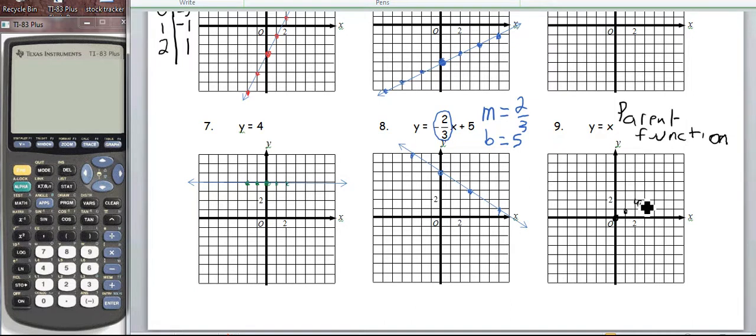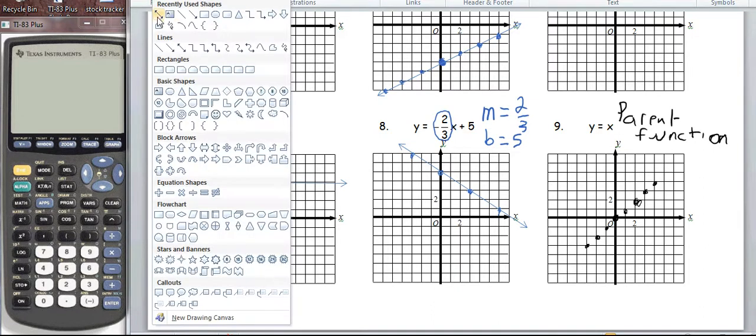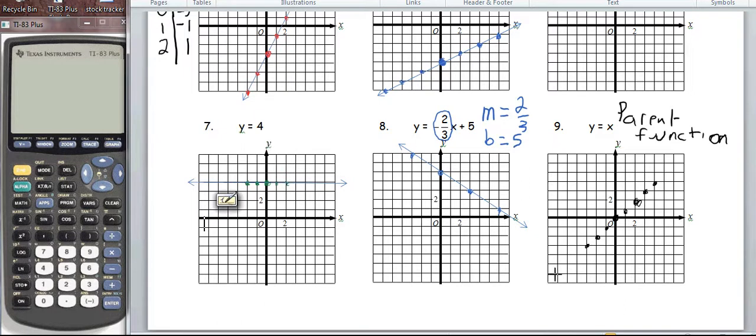If you notice, it splits quadrant 1 exactly in half. It splits quadrant 3 exactly in half. And it is a positive correlation. It goes up from left to right. And on a square grid system, only when it's square, it will be at a 45-degree angle.